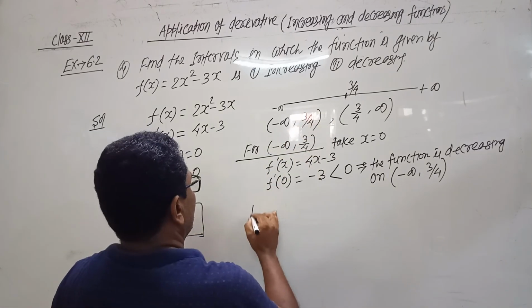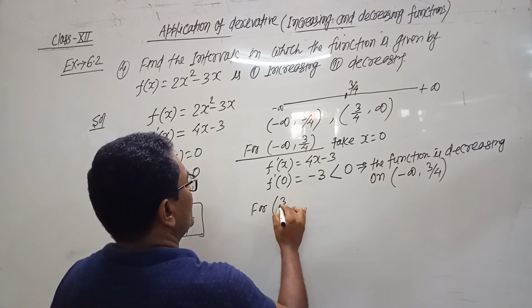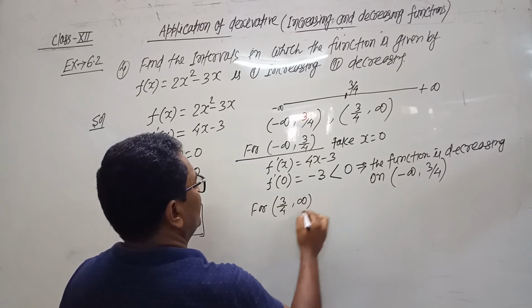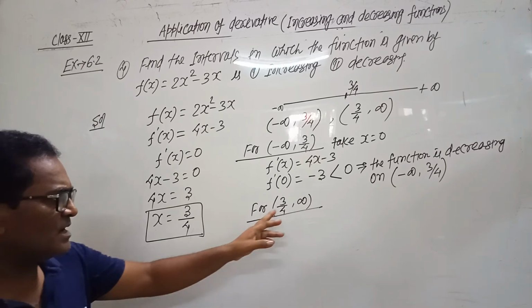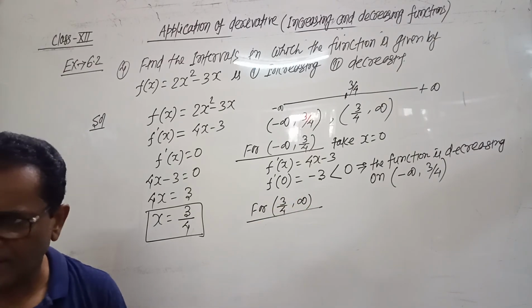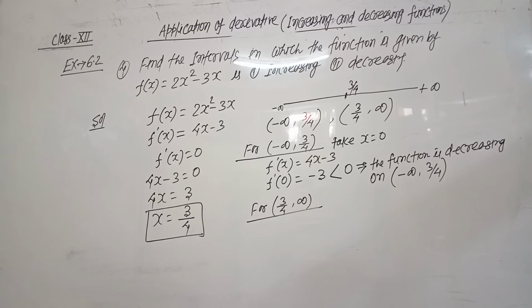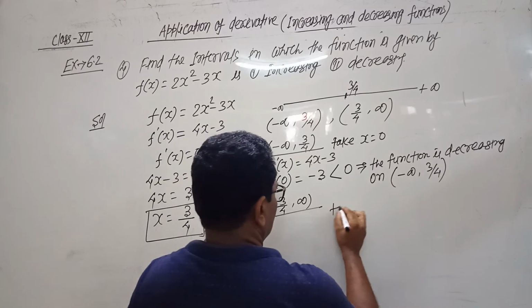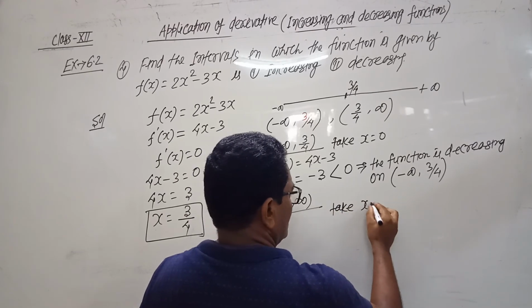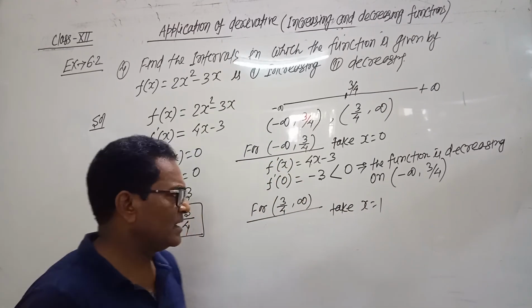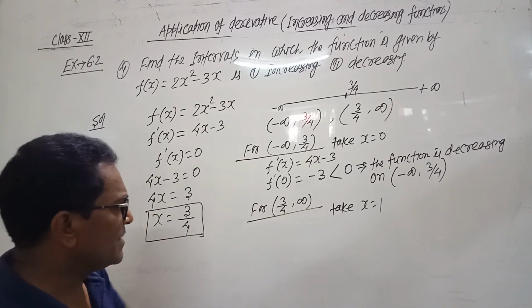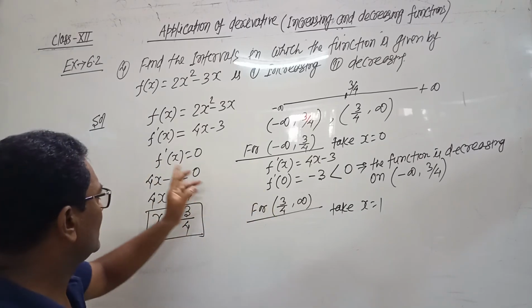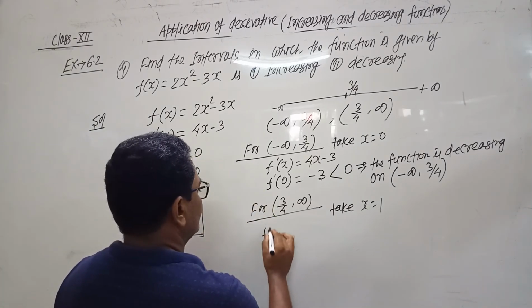Now take another interval, 3 by 4 to infinity. 3 by 4 means 0.75. Now we have to select any value of x which lies between 3 by 4 and infinity. So let us take x equals 1. x equals 1 lies between 3 by 4 and infinity, and put the value of x equals 1 in the expression f dash x.